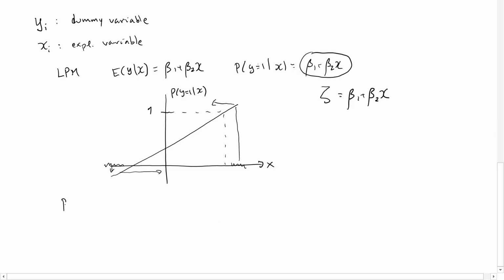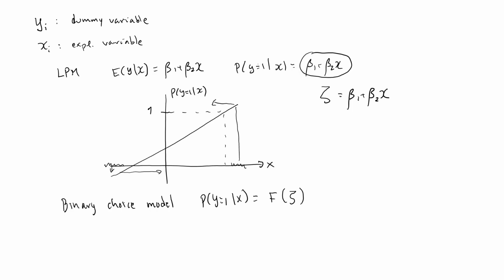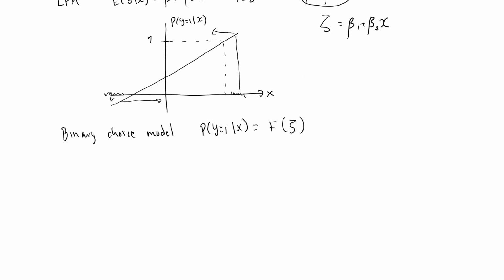Then what we do in the binary choice model is that we model this probability not as beta 1 plus beta 2x, but as some function of this zeta. This will make the model nonlinear, so the probability will now depend non-linearly on x and on zeta.